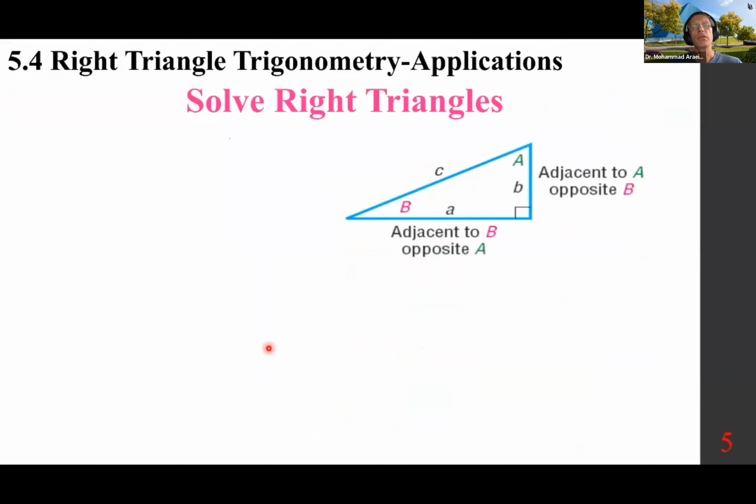Now, solving right triangles. When we look at triangle ABC, adjacent to A, opposite to B, adjacent to B, opposite to A, and here's the C. We use capital C for the vertex and lowercase c for the sides opposite that.